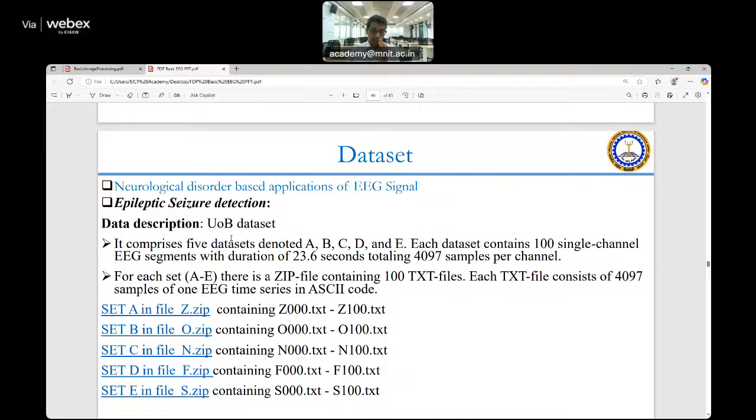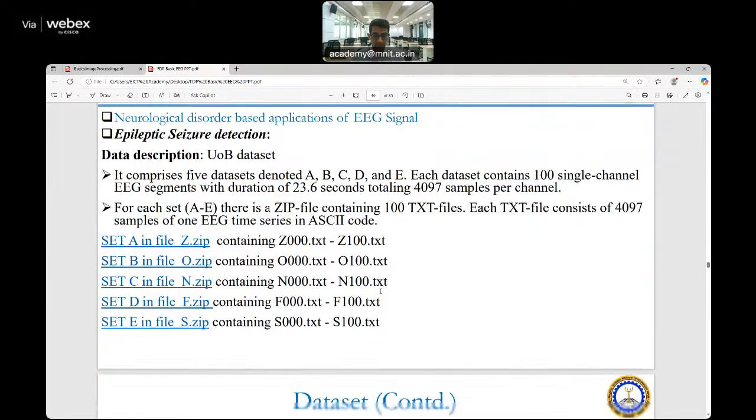It comprises 5 data sets A, B, C, D, and E. Each data set contains 100 single channel EEG segments with duration of 23 seconds, totaling 4,097 samples per channel. For each set, there is a zip file containing 100 TXT files. Each TXT file consists of these samples. So this gives you a fair idea that it is not that simple that you apply it and in one day you get the result.